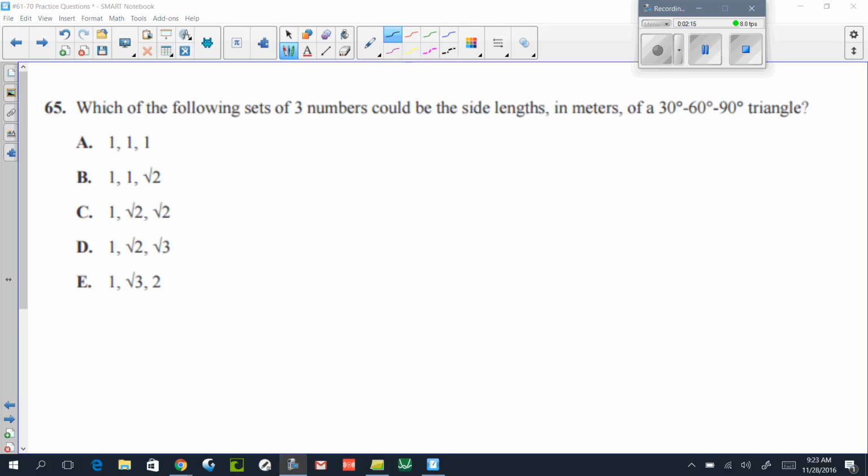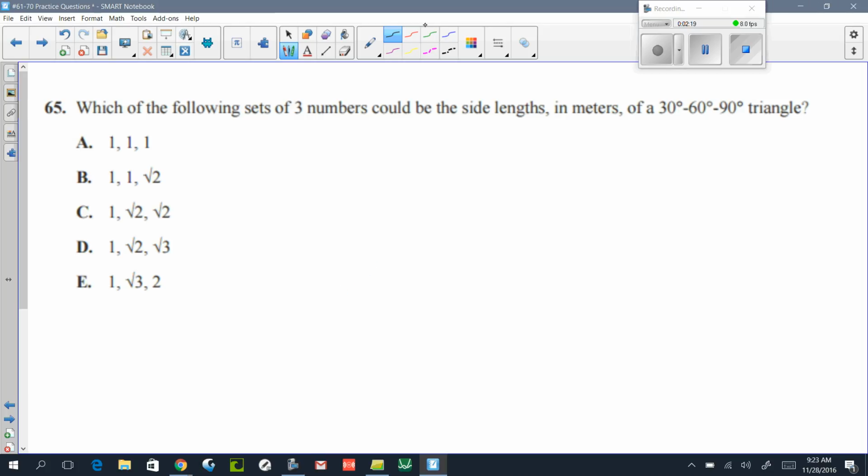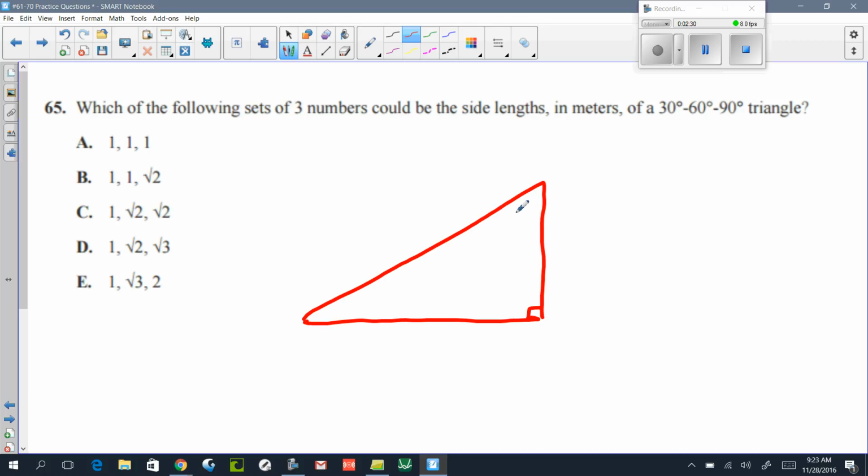Next question I want to take a look at deals with special right triangles, and more particularly it deals with 30, 60, 90 triangles. So if I was to draw this right triangle, we know that this would be the 90. This angle right here is going to be greater, so this would be 60, and this would be 30.